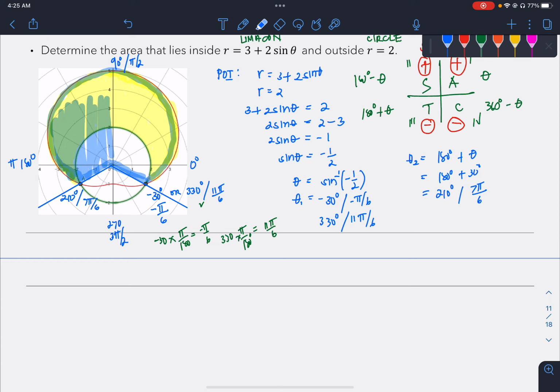So this will be the area that I will be getting if I am going to get the yellow area. However, the blue area this time, involving the limacon from negative 30 degrees to 210 degrees, is in excess. I need to remove something.